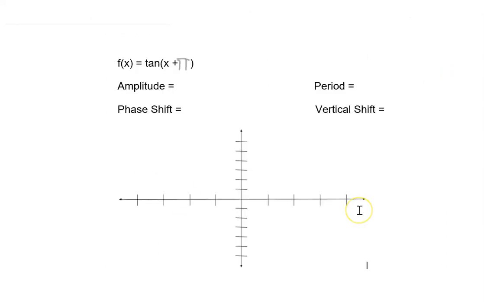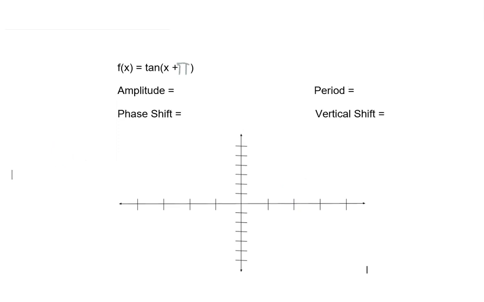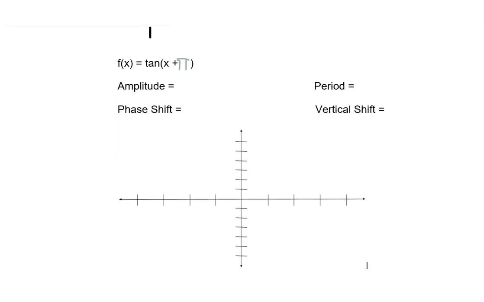So we've got an example: tangent of x plus pi. Our a value here is just a 1, which means it's not negative, it's not reflected, and it's traveling like a typical tangent function would.